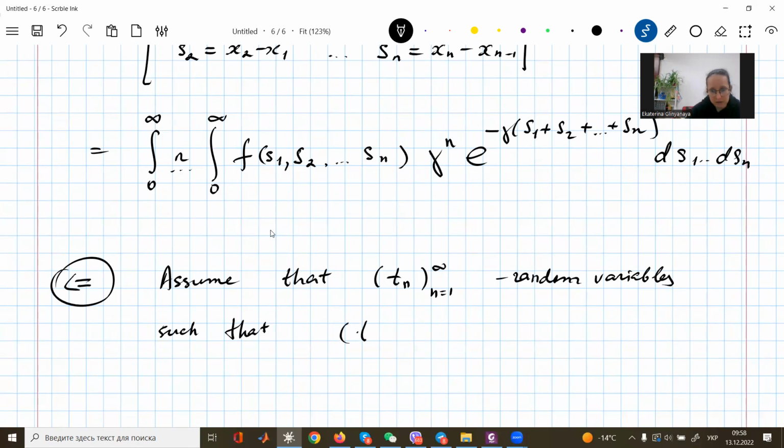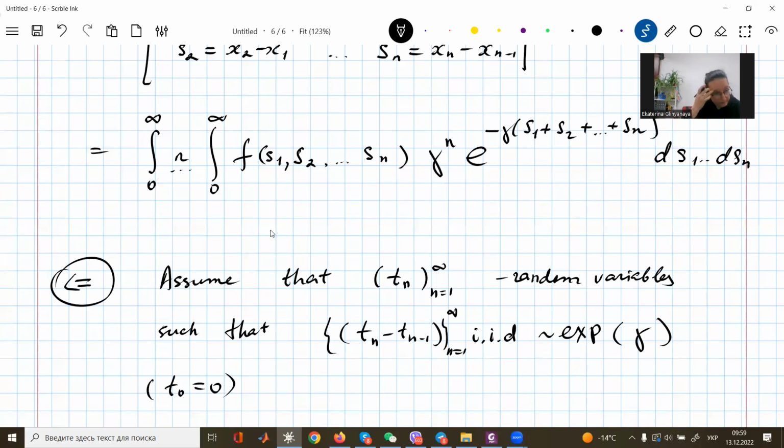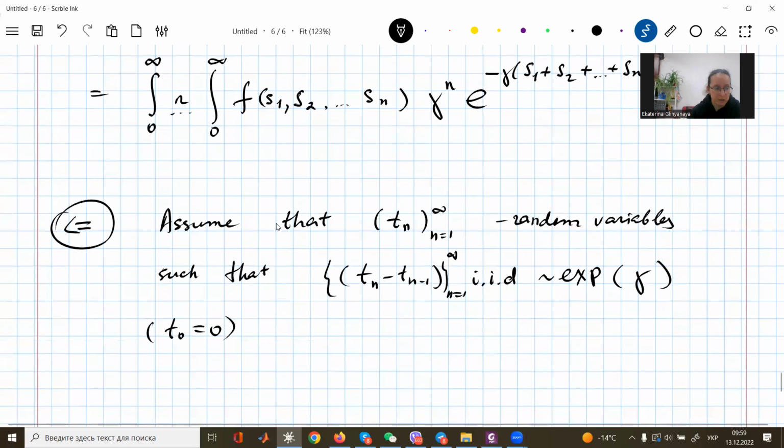This means that Tn minus Tn minus 1 are independent, identically distributed with exponential distribution of parameter gamma. I just write it shortly, n from 1 to infinity, and here T0 is equal to 0. So we assume this.